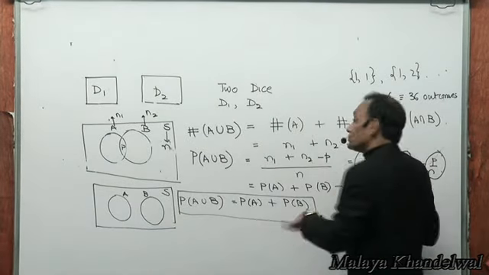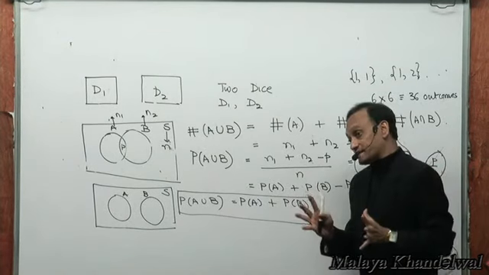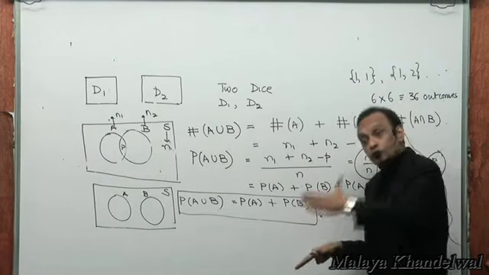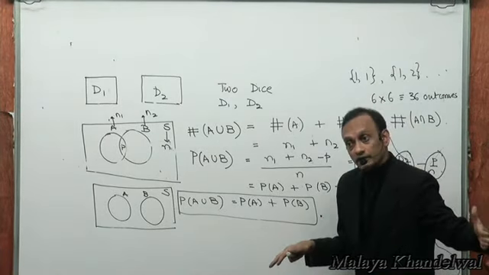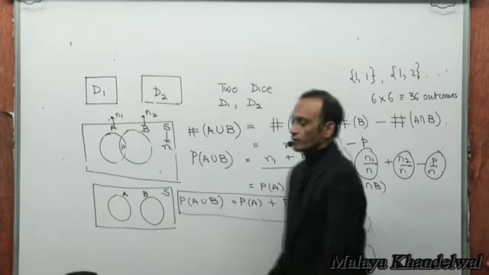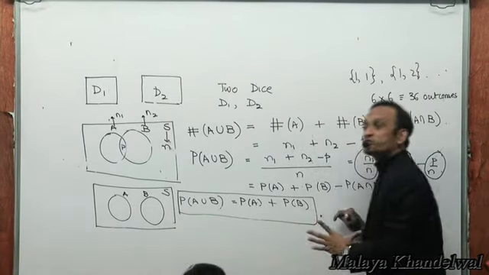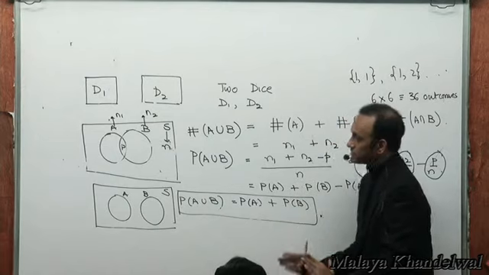And sometimes, if you have to figure out whether two events are mutually exclusive or not, we use indirect means. If this condition is satisfied, you can indirectly conclude that the two events are mutually exclusive, right? If by some other means you are able to obtain these three numbers and they add up this way, then the conclusion is that A and B must be mutually exclusive events.